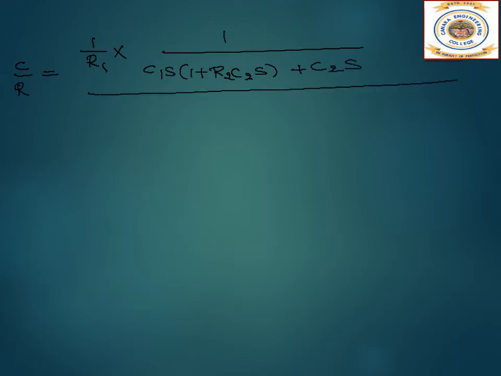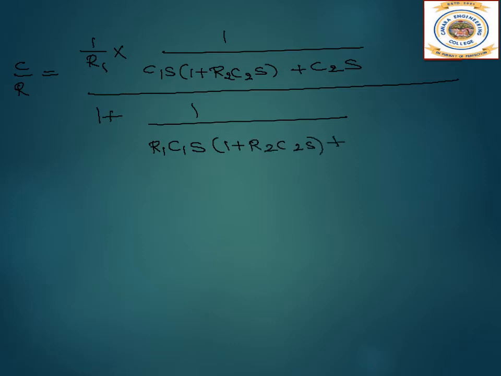So here C by R will be equal to, I have to take that, right? So here it is 1 by R1 into 1 by C1S into 1 plus R2 C2S plus C2S, whole divided by 1 plus, again G of S is that only, into R1 C1S 1 plus R2 C2S.